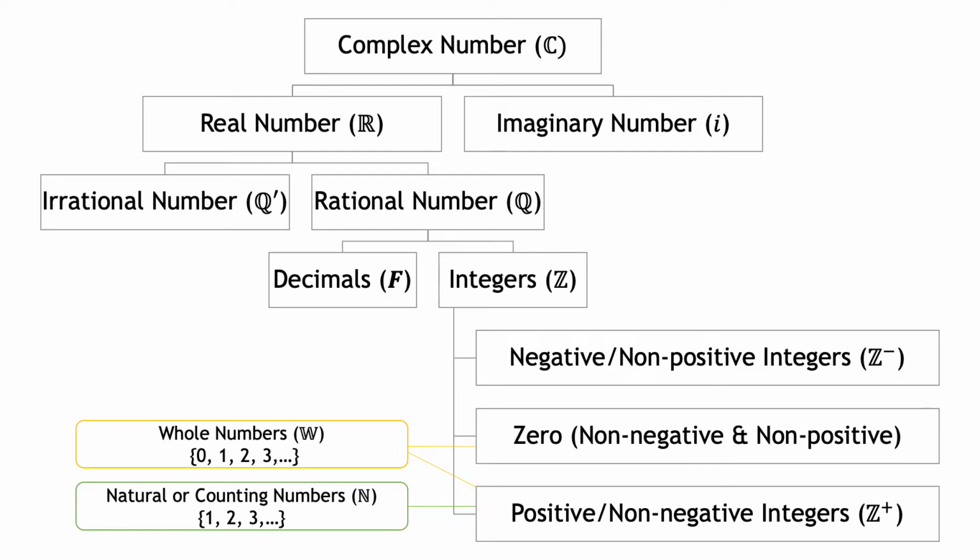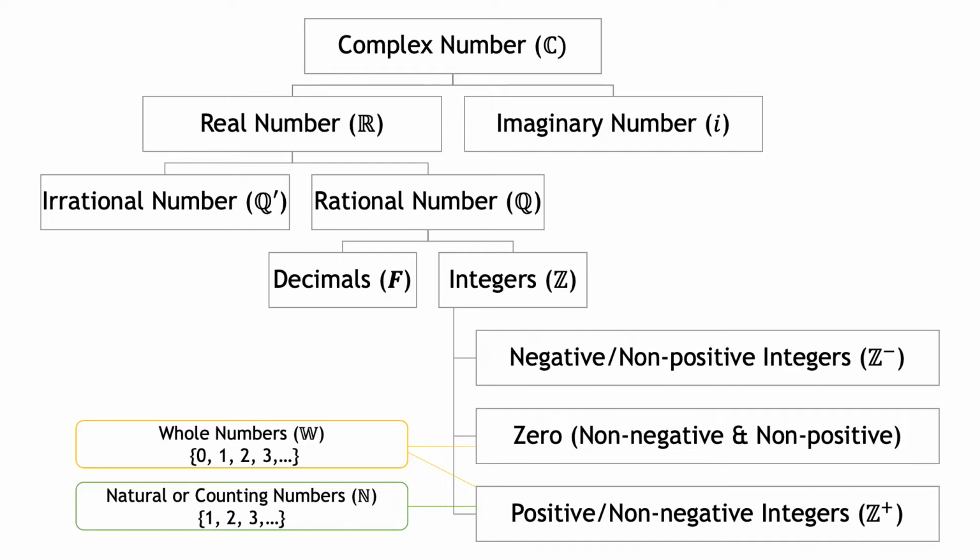Those are the integers. When the numbers include 0 and the positive numbers, 0, 1, 2, 3, we call them whole numbers. When they are only positive, or the non-negative numbers, we call them the natural or counting numbers. When we count, we start with 1 and we do not really start with 0. That's why they are called the natural or counting numbers.